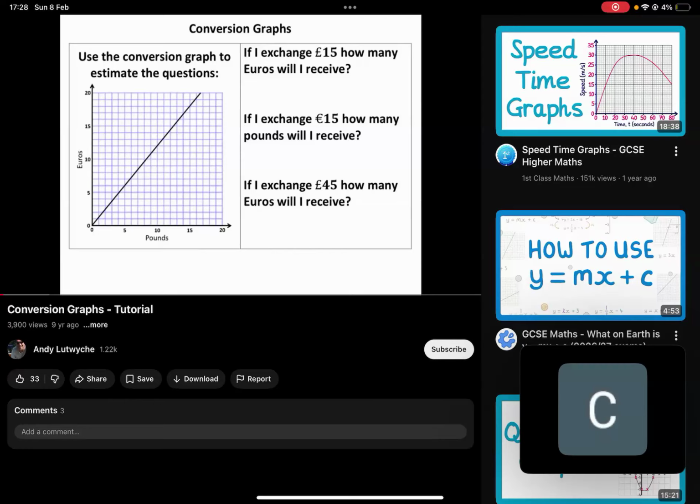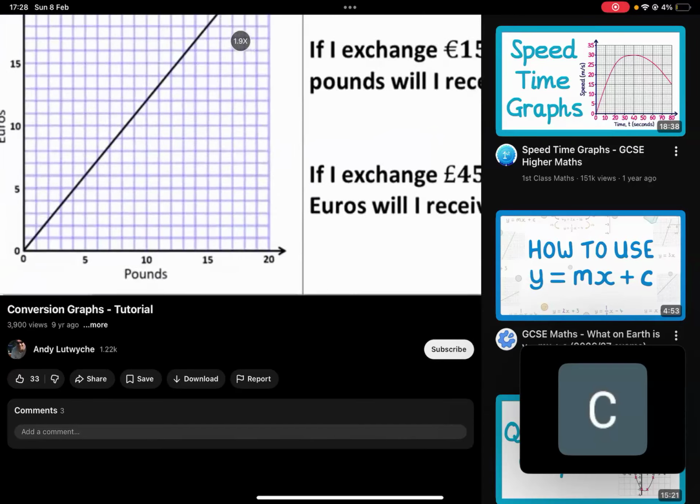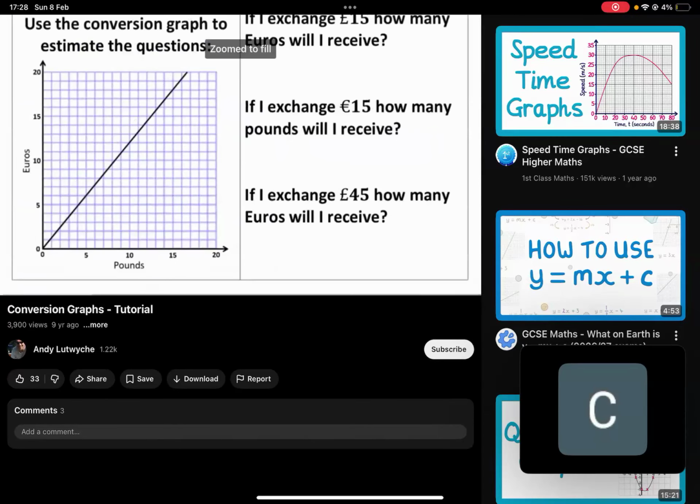So you go to the axis for pounds and look for 15 on it, right? Then you trace it to the line and then trace it to the axis for the euros. You zoomed in, so it would be like 18 euros. Okay.